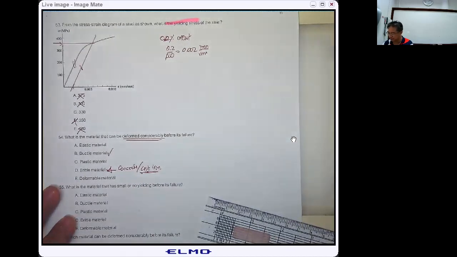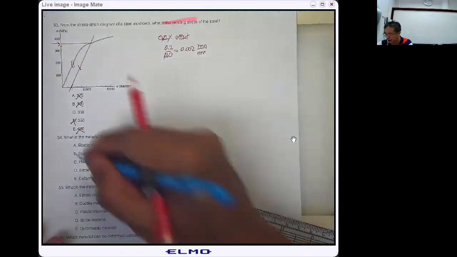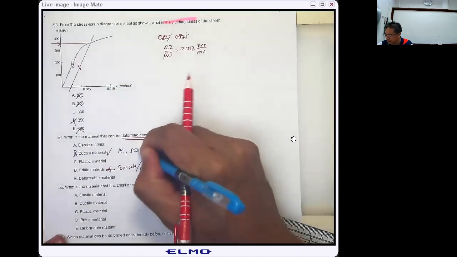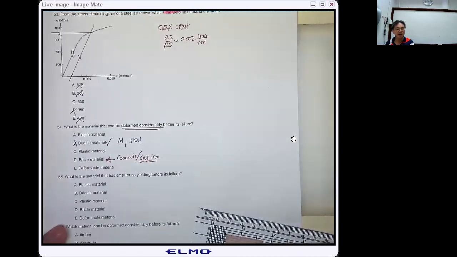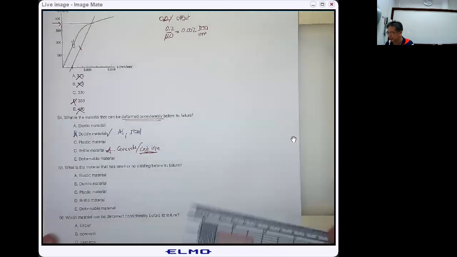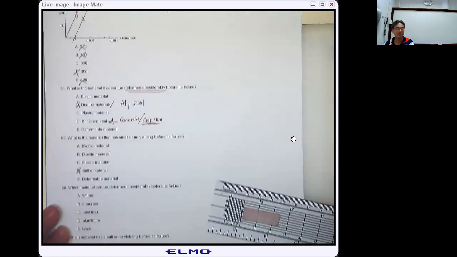That is the brittle. The material that can be deformed a lot is the ductile material, such as aluminum or steel. And what is the material that has small or no yielding? This is simple. That is going to be the brittle material.